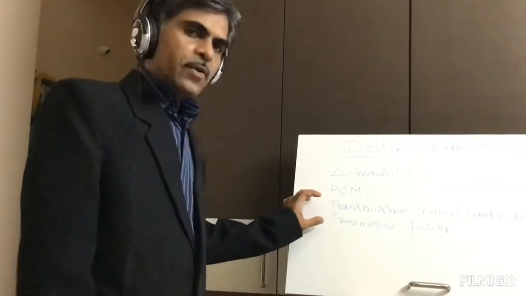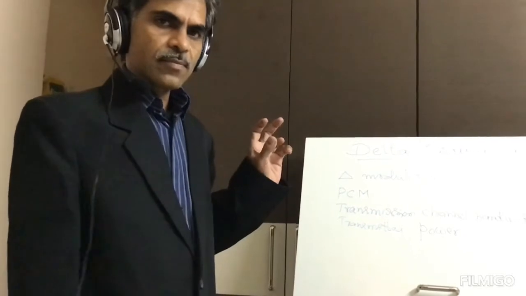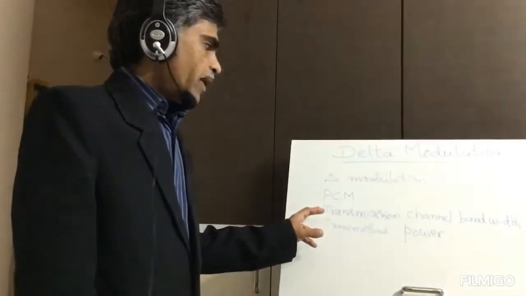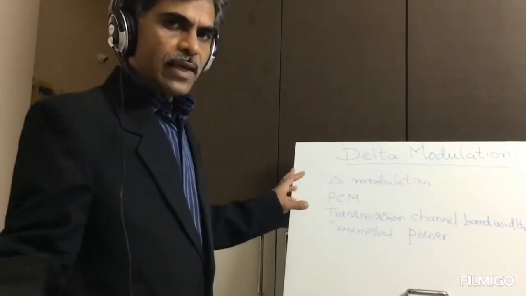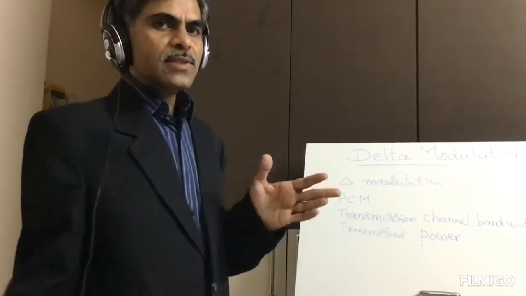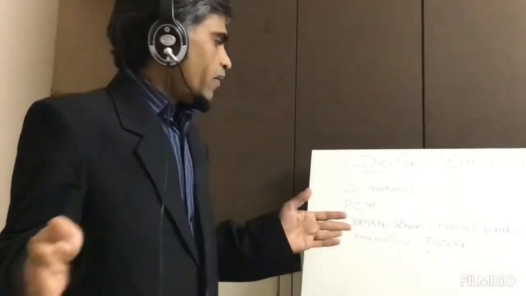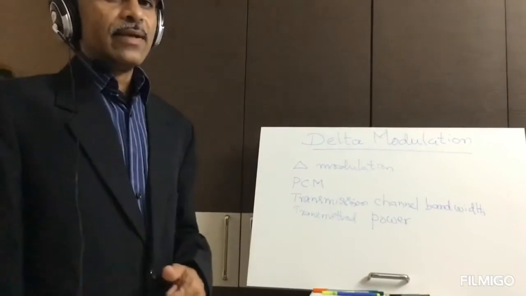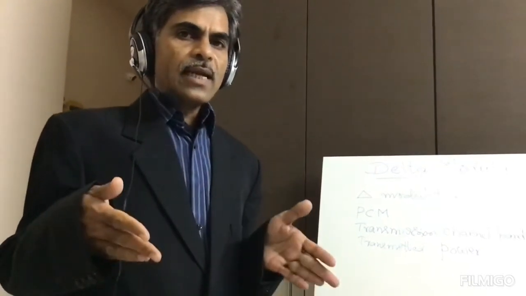The importance of channel bandwidth and transmitted power is that we must be able to make optimum use of these two resources, because when the transmission channels are band limited, that means the available bandwidth in the channel is limited, then we need to conserve that channel bandwidth. In other words, what is meant by conservation of bandwidth? We have to send as many channels as possible within the given bandwidth of the transmission channel.